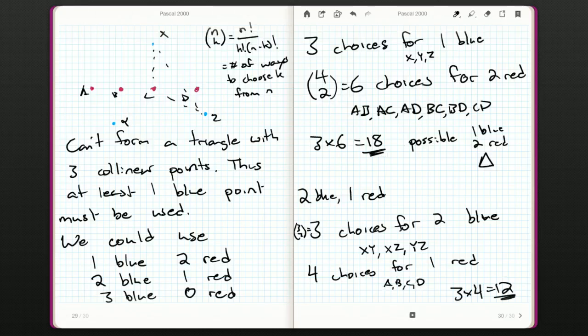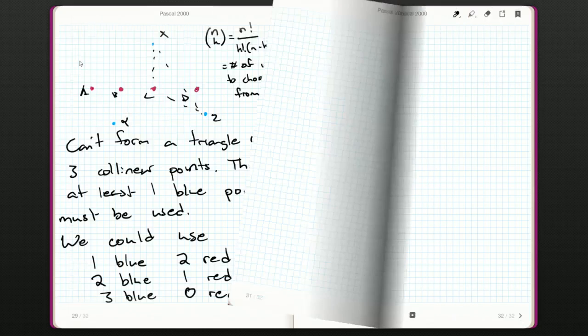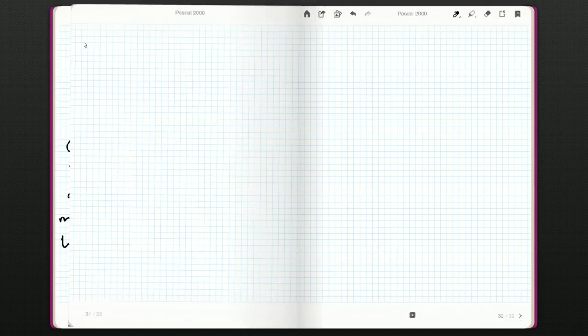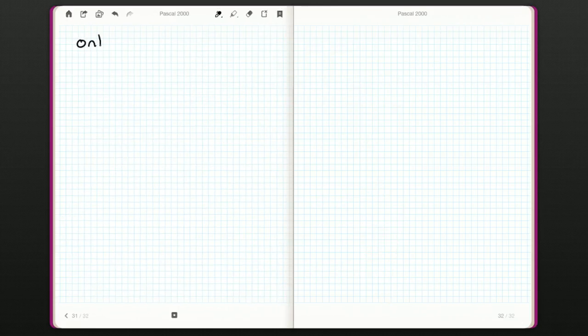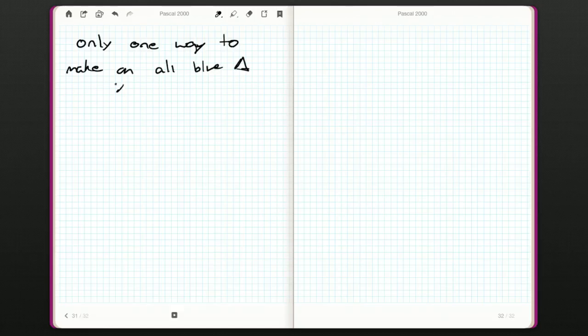So we have 18 choices for the first case, we have 12 choices for the second case, and to choose all 3 blues, we'd have to choose all of X, Y, and Z. So there's one way to do that.